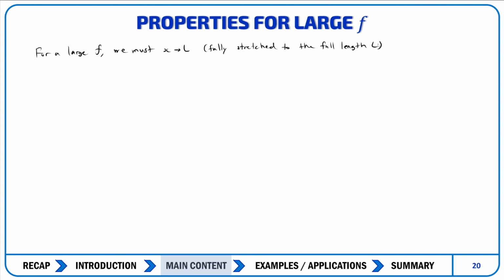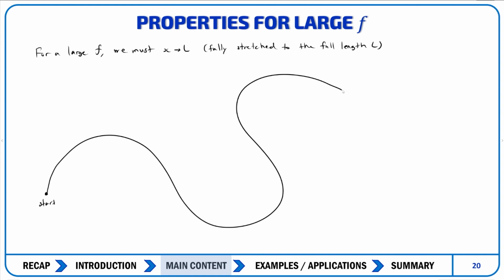For a large L, I'm just going to draw another diagram here. We have this being the start, and we're simply going to have something like this. And we have the end over here. Now, for the persistent length, I am going to split this up into tiny pieces. So something like this.